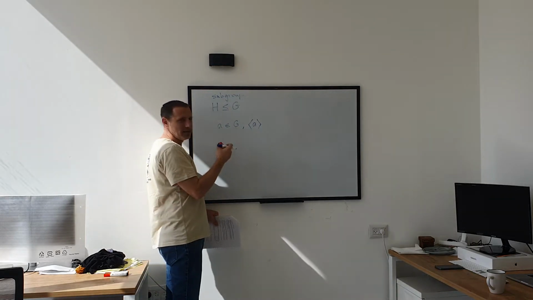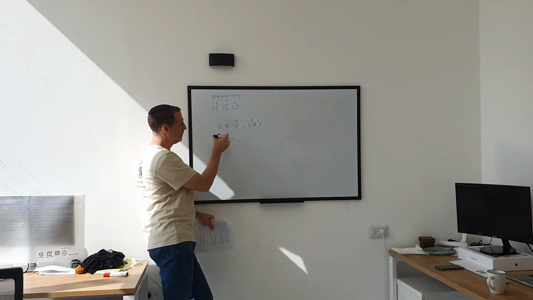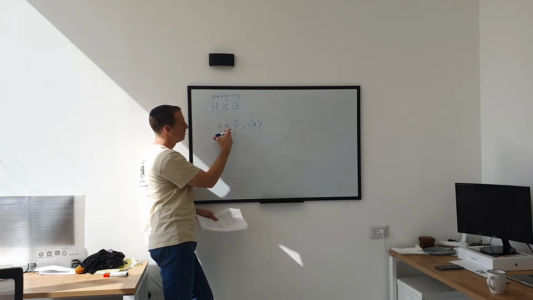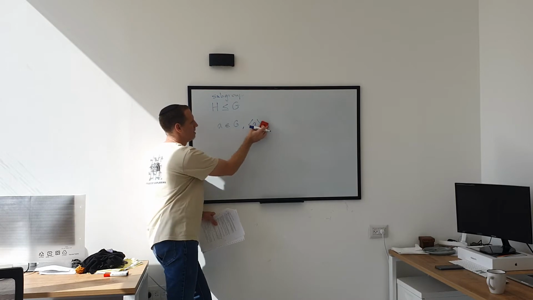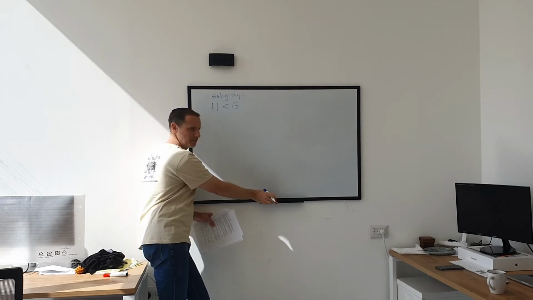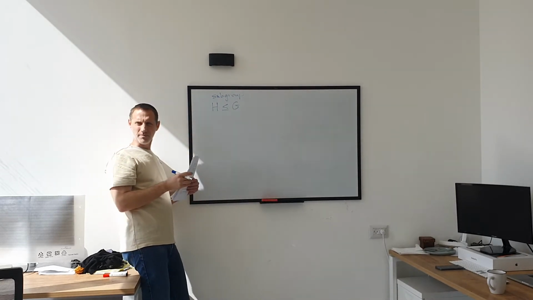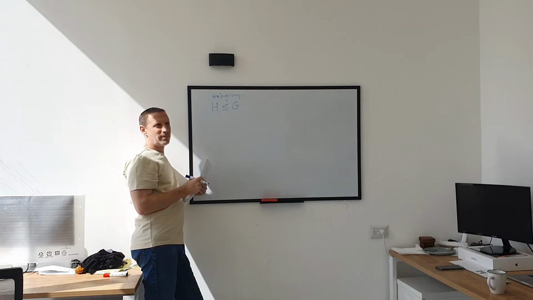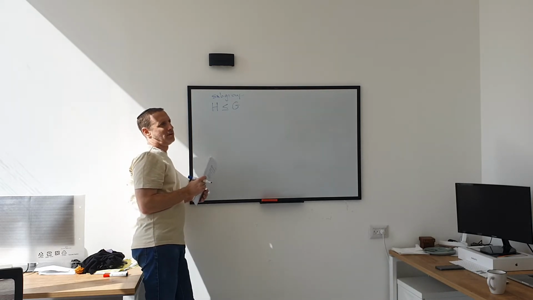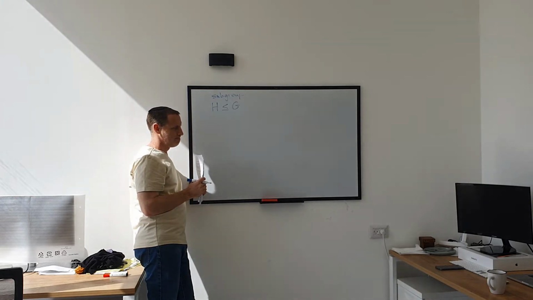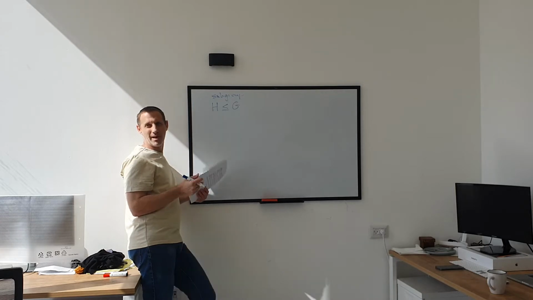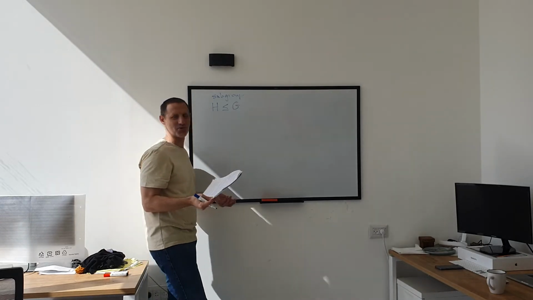But if it's finite, it really depends on what G is, I think. G must be finite for A to be finite, right? Not necessarily. I can at least give you an extreme example.